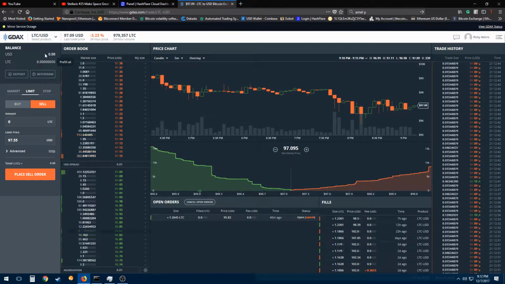So if you don't have 0.1, no matter if you're buying or selling, you're still going to need to put more USD in.